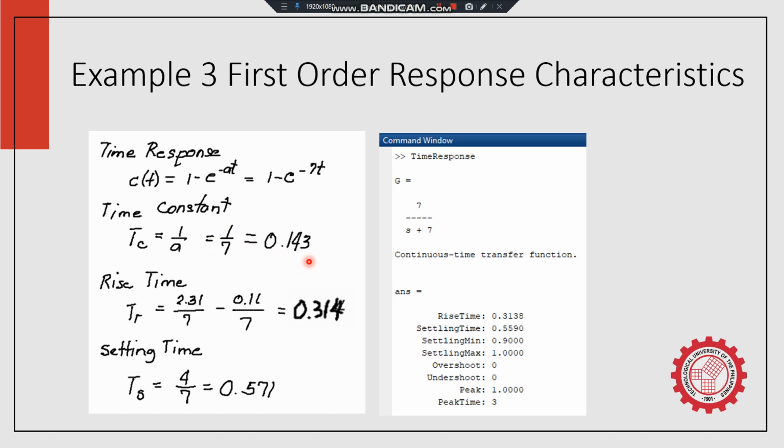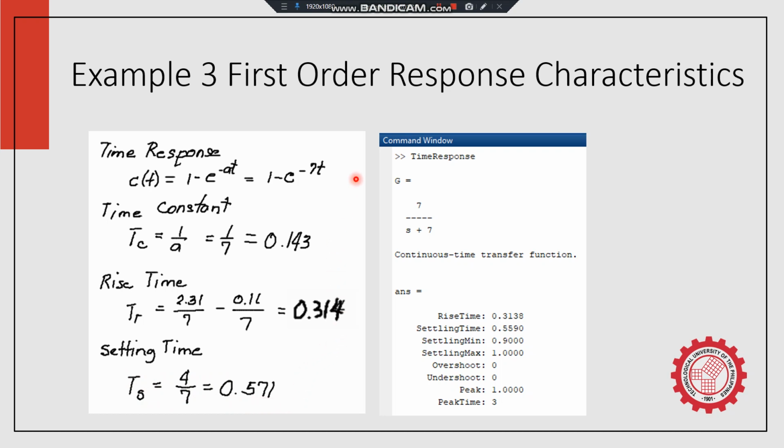That will give us a value of 0.143. For the rise time, Tr, this is the formula. We simply substitute a in the denominator and solve. That will give us 0.314. And for the settling time formula, Ts, that's 4 over 7, that will give us 0.571.